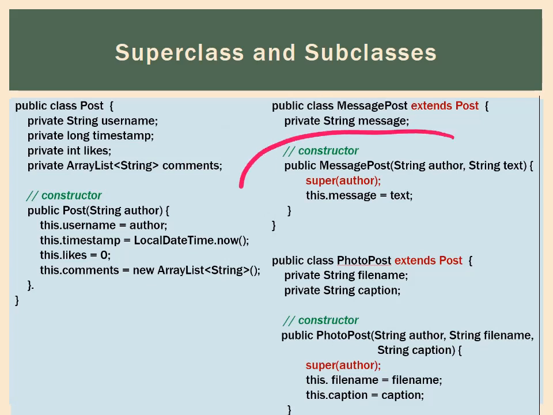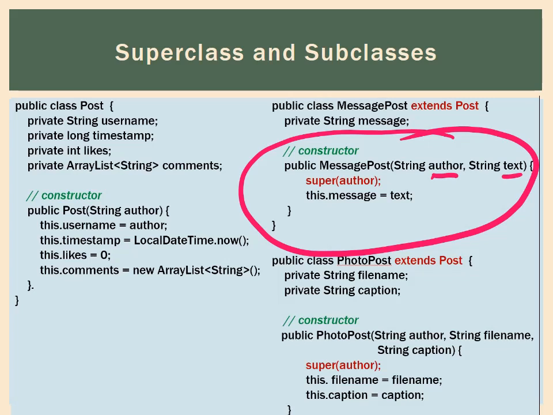Now, let's talk about the constructor. Here's the constructor. And notice that the constructor takes in two parameters, a string for the author and a string for the text of the message. What we want to remember with subclasses is that we want the constructors to use the fields that they own.